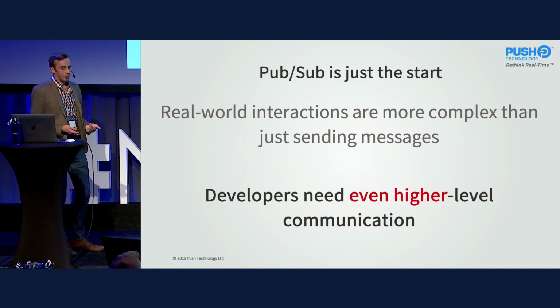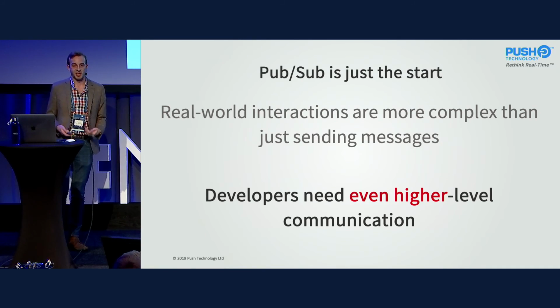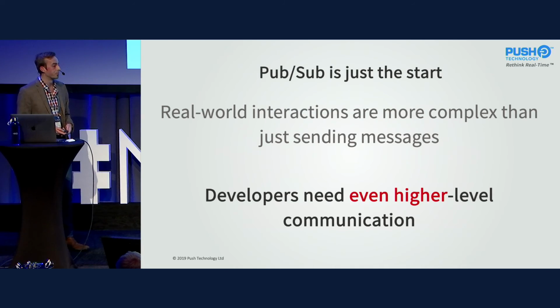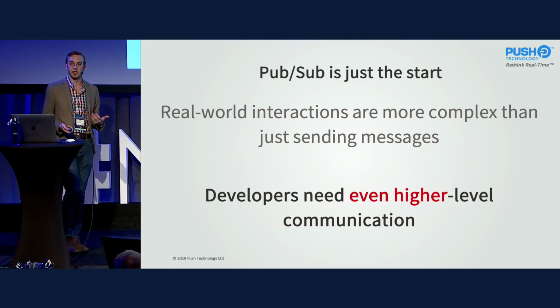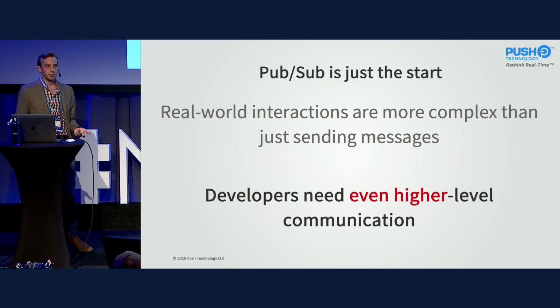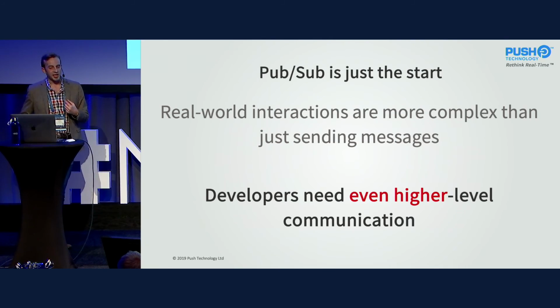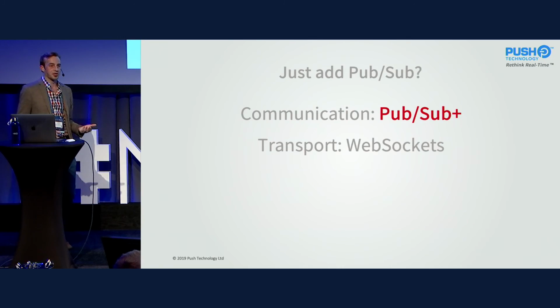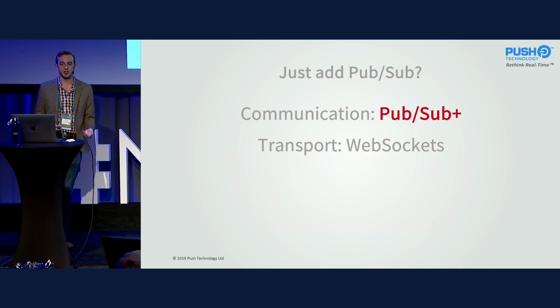So this is the part where I start talking a bit about our experiences as a company and the sort of customer use cases that we've tried to solve for. This is just one potential way of extending something like PubSub. But I think the general view is that PubSub isn't sufficient for most real-world production applications.